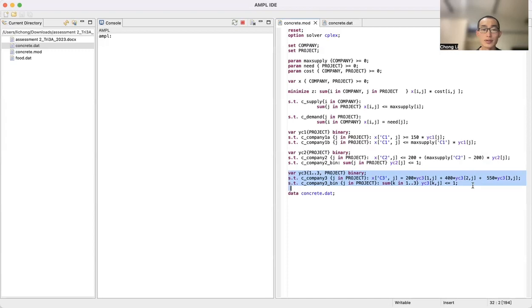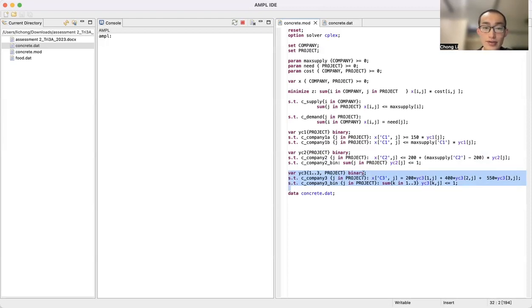It can only supply concrete to a project in these quantities. You can see in the first line, we use 1, 2, 3 to indicate the three packages. 200 is package 1, 400 is package 2, and 550 is package 3.